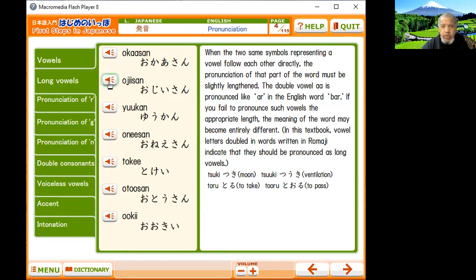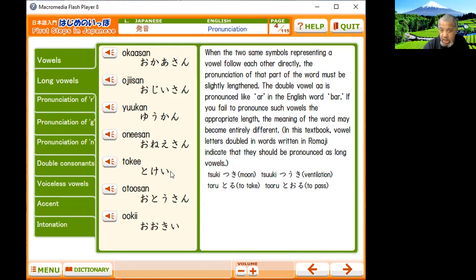Next there's an ojisan, but this is おじいさん、ojiisan, because of the double I. Then oneesan, お姉さん、時計、tokei, it's an e there.